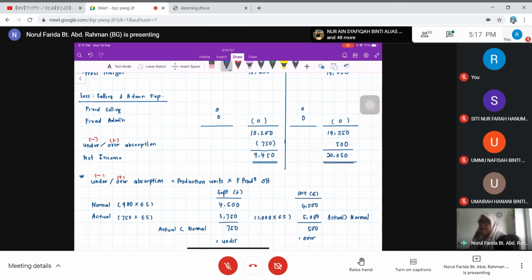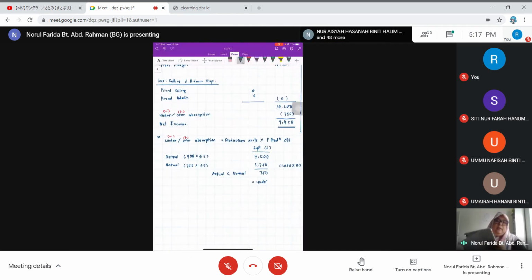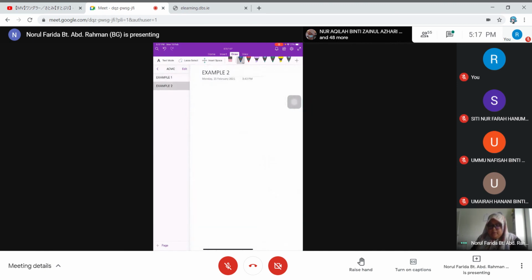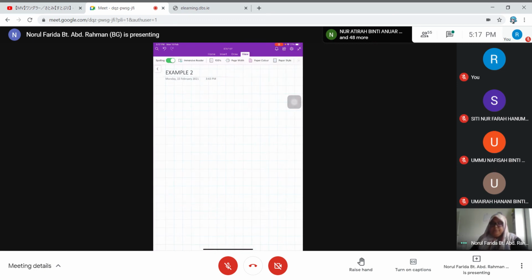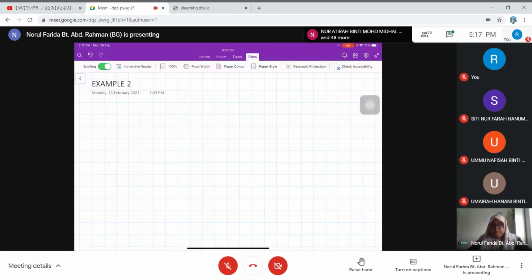Alright, same thing sahajalah. Kita akan buat step 1, step 2 dan step 3. Cumanya kita akan buat menggunakan variable costing. Okay.